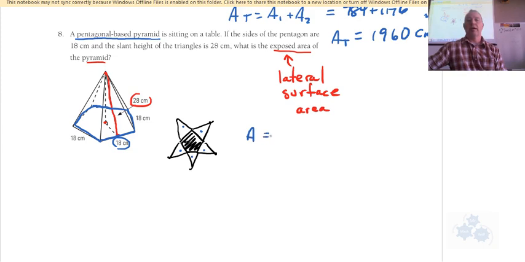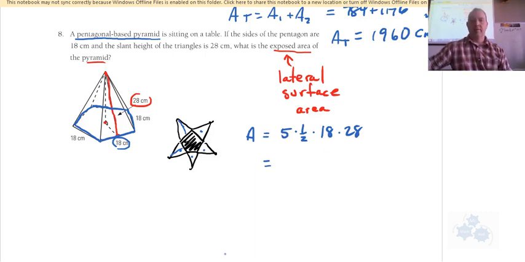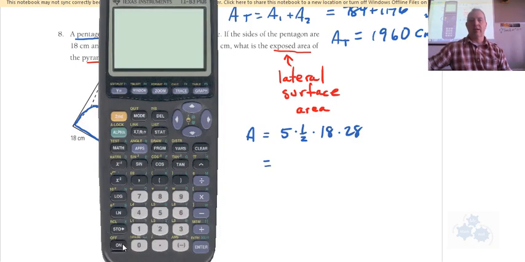So the area is 5 times 1/2. What's the base? 18 centimeters. What's the height of each triangle here? 28. So when you do that area, what do you get there? 45 times 28 is 1,260.